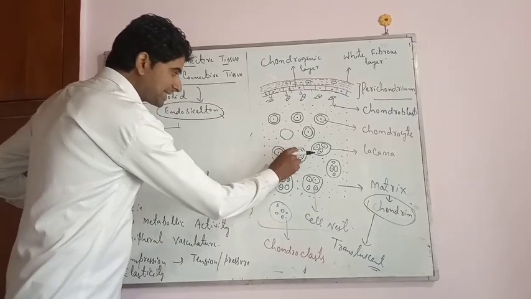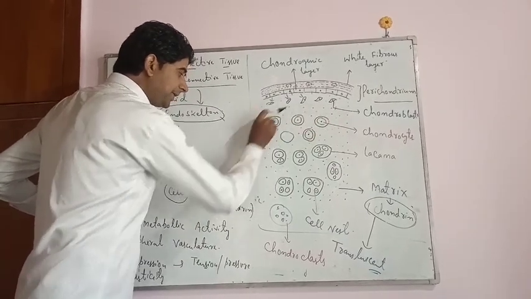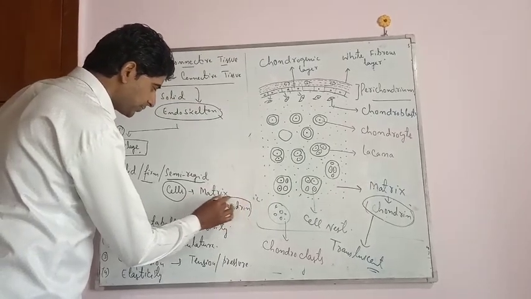So here the cells of the cartilage, they remain embedded within the translucent matrix, and the matrix here is also termed as chondrin.